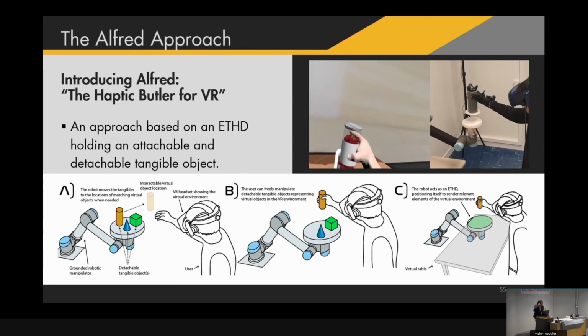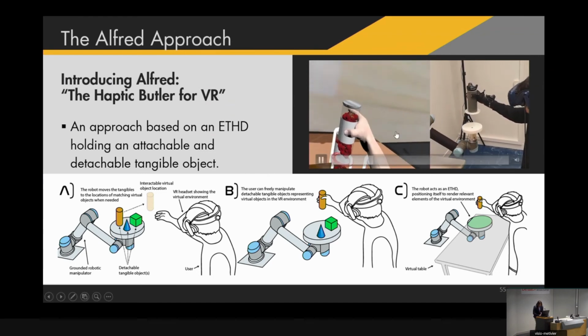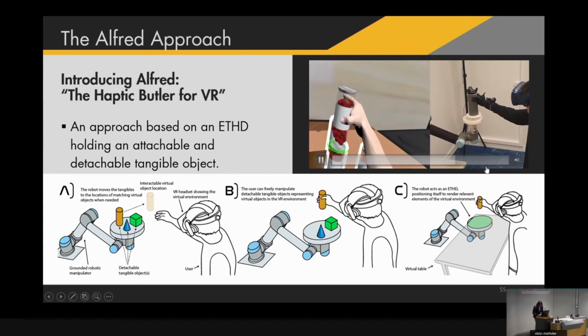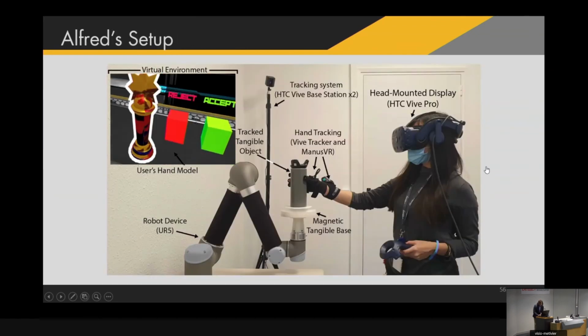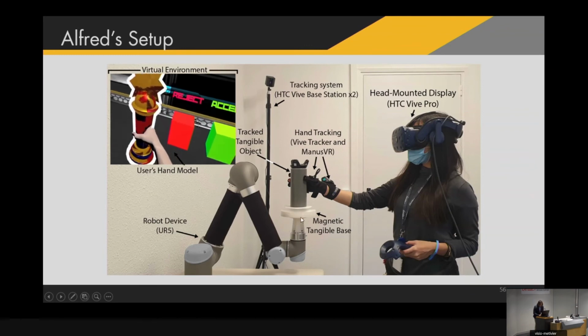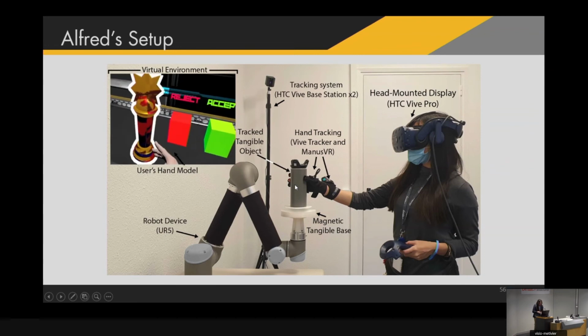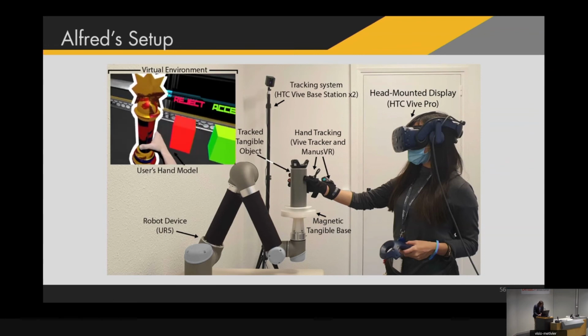And once they want to place it back, Alfred acts as an ETSD and provides the surface for placing the tangible element. For the setup, we again used our UR5 robot and the magnetic tray that I mentioned before, and the tangible element that can be detached from it, and users can actually proceed with manipulation.